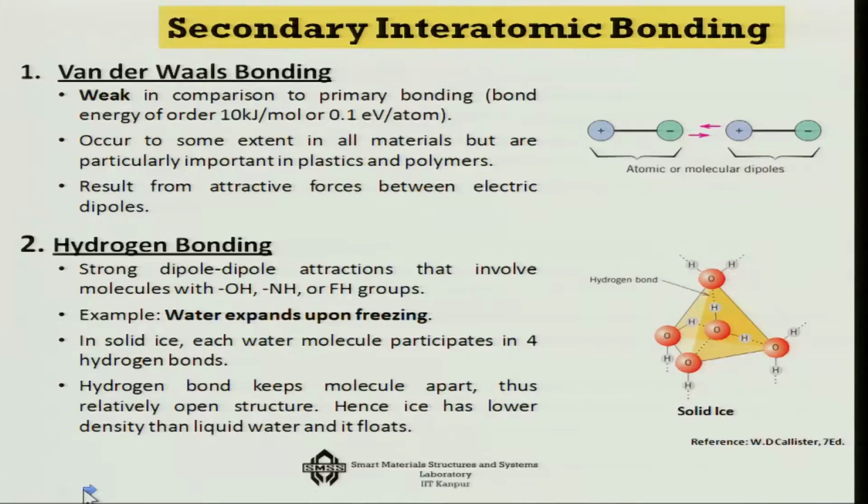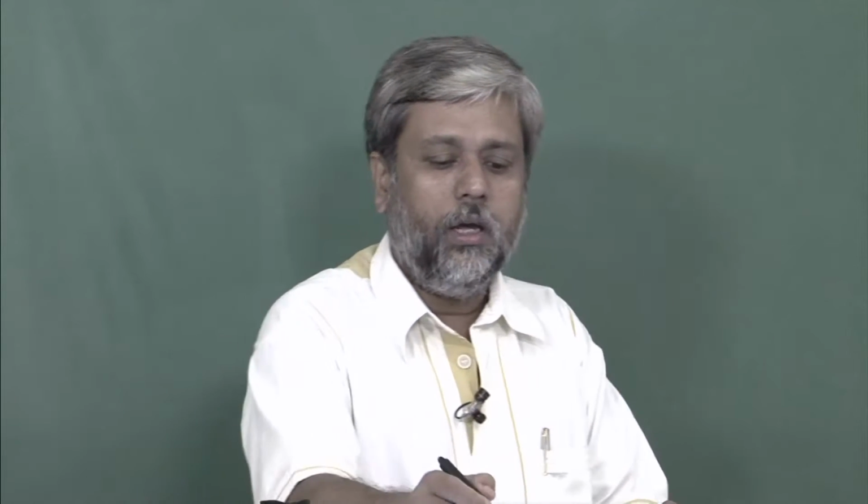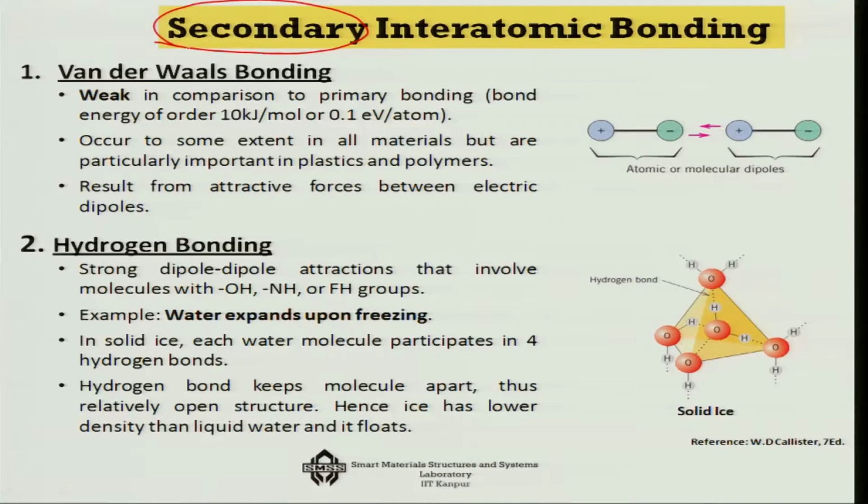Then we have two other interatomic bondings, which are secondary interatomic bondings. One of them is called van der Waals bonding. Here also you have positive and negative charge responsible for the bonding, but this does not come from the atoms, it rather comes from the combination of atoms which creates a dipole.